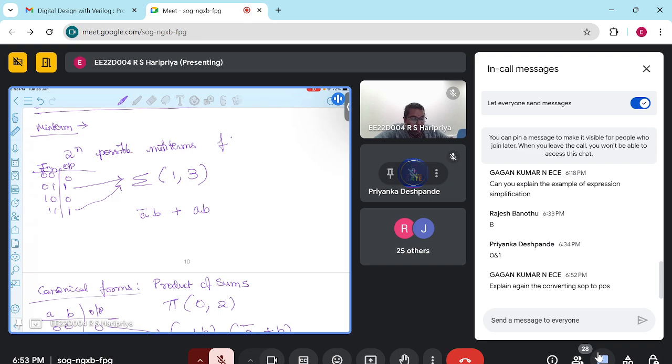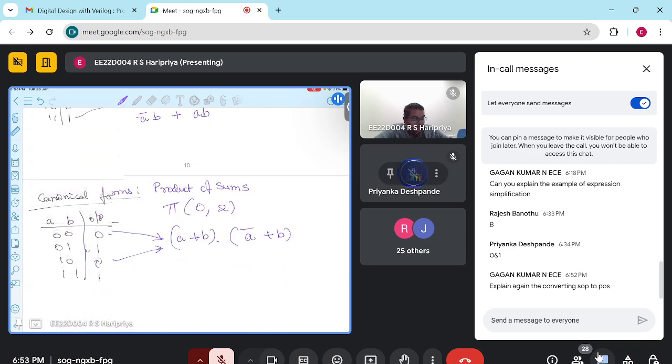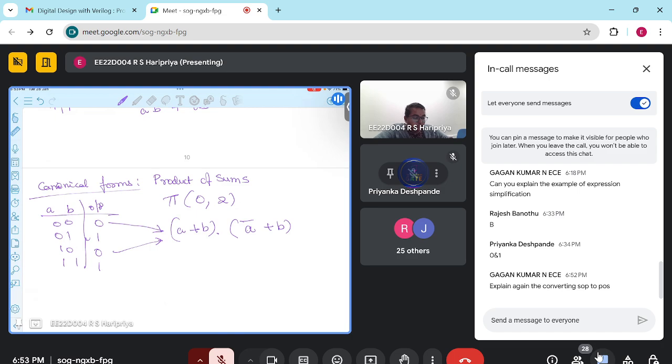So it is A complement B plus AB. And for the same truth table, if you are expressing it as the POS form, the terms where the output is 0 will be considered, and if the input is 0, it will be in uncomplemented form. If it is 1, it will be in complement form. So for 0 0 it is A plus B, for 1 0 it is A complement plus B.